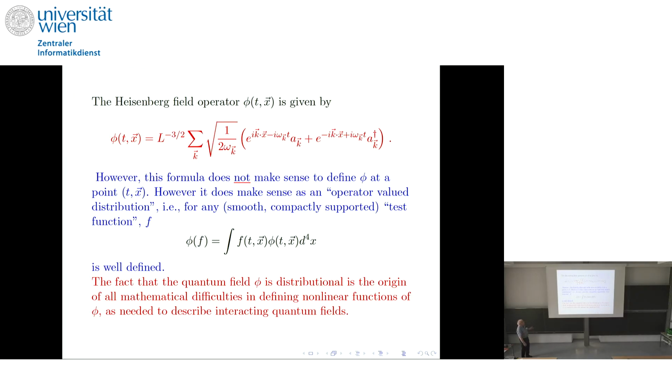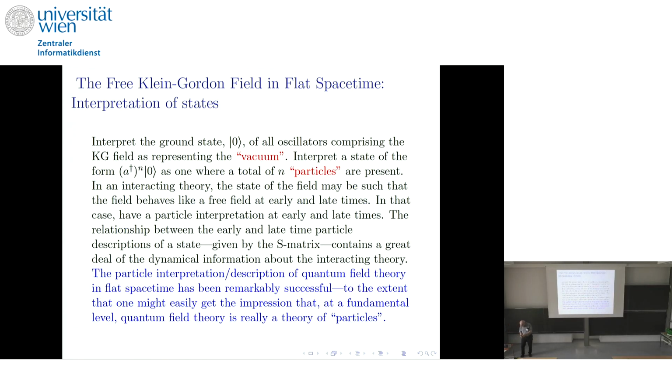You may want to consider, even for a free field, nonlinear observables. But if we're doing interacting fields, even if we're just trying to do that perturbatively, the interactions are nonlinear, and we've got to make sense of nonlinear functions of the field, and it's not so obvious how to do that if these are distributions.